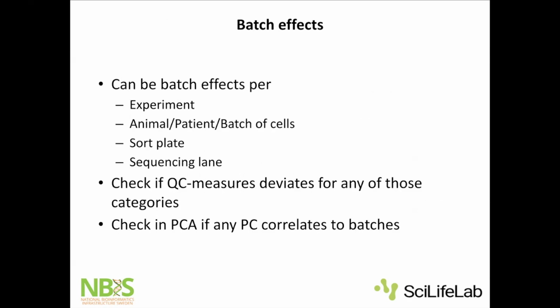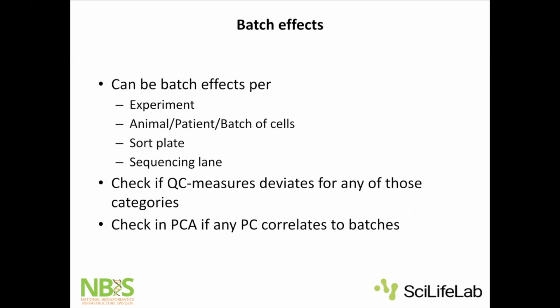Then also we will have a lot of batch effects. A lot of the issues we have, like ambient RNA, time of handling of your samples and so on, will give strong batch effects. And if you have patient data, you pretty much always have strong batch effects. We will talk more about that in the data integration lecture.